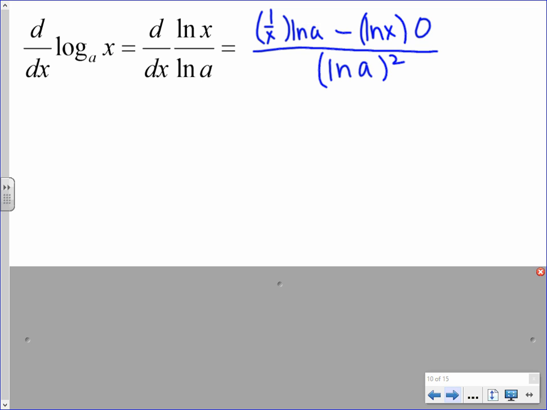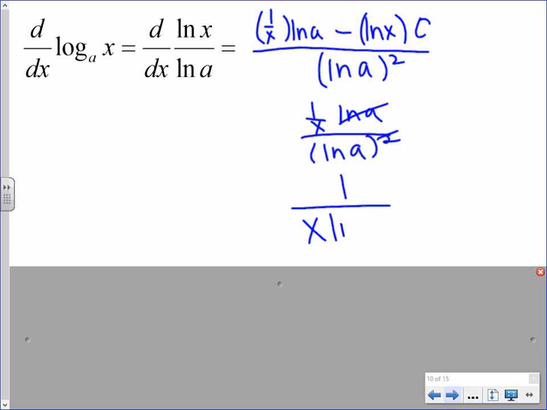Well, we're subtracting 0, so this is just 1 over x natural log of a, divided by the natural log of a squared. Well, one of those is going to cancel out here, and we're left with 1 over x natural log of a.